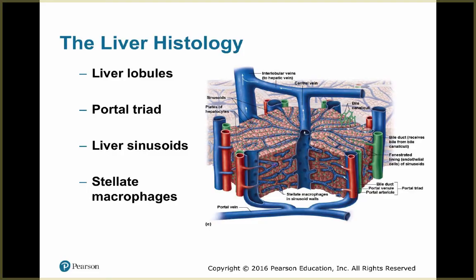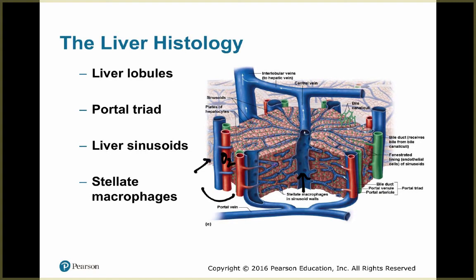So again, just to review, this whole thing is the lobules. They're composed of hepatocytes, which help to filter and process nutrient-rich blood. You can see this central vein here. You have these triads in the corner, and if you remember, these arteries supply O2.